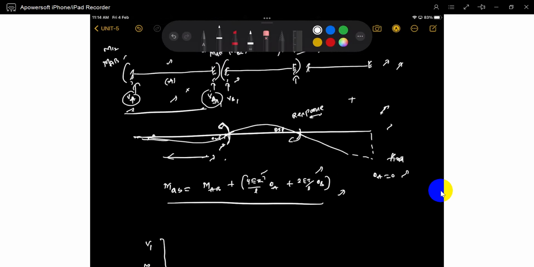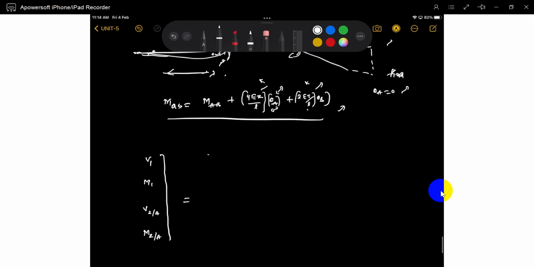The force generated by a unit deformation, this theta A into 4EI by L, see this value, this is the stiffness, already known, the stiffness related to that deformation. That's it now. So this value is exactly the stiffness matrix of that element, K11, K12, K13, K21, K31, K41, K14.